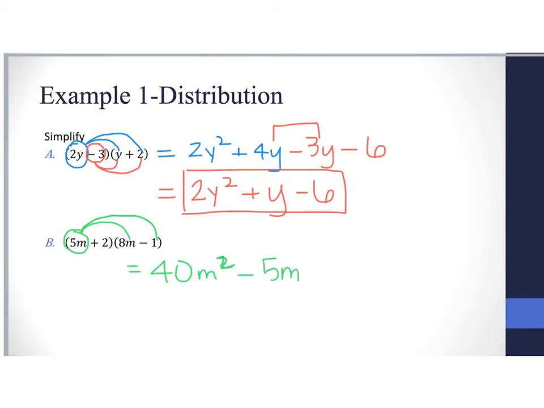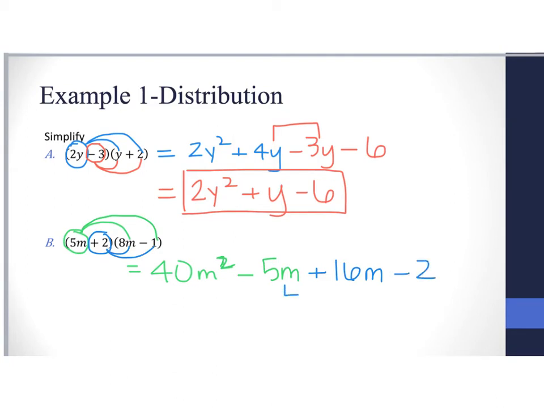Then I'm going to do the same thing with the second term of the first binomial. Here I have a positive 2, and I'm going to distribute that onto the positive 8m. So 2 times 8m is going to give me a positive 16m. And then I have 2 times a negative 1, which is going to give me a negative 2.